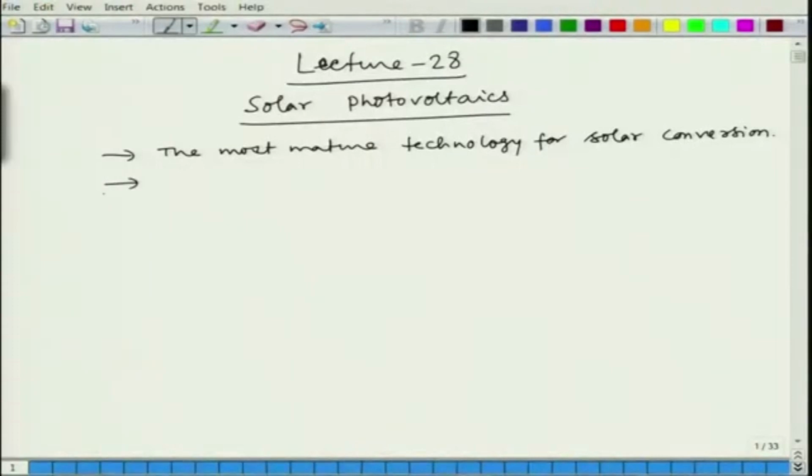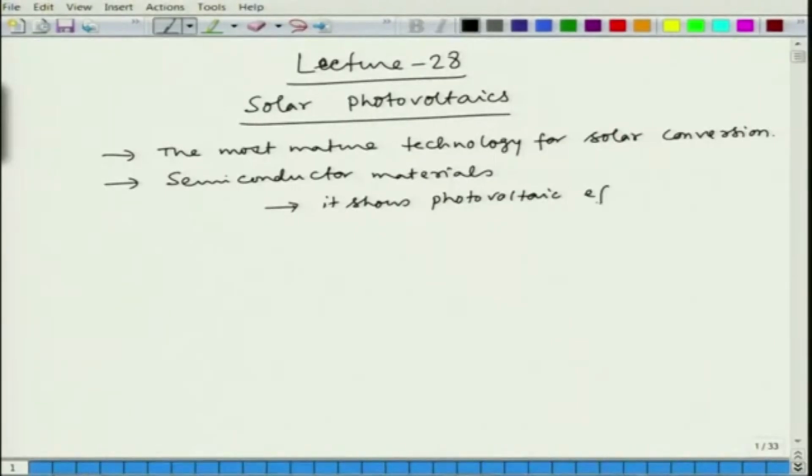So, how does it work? You need some semiconductor material. Okay. So, how does this semiconductor material help? It shows the photovoltaic effect. By the way, this photovoltaic effect was explained by Albert Einstein, and this is one of the major success stories for his theory.